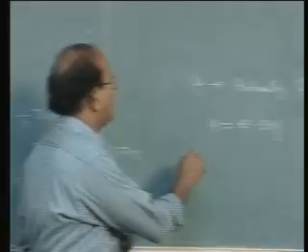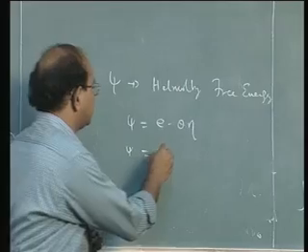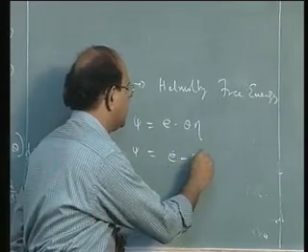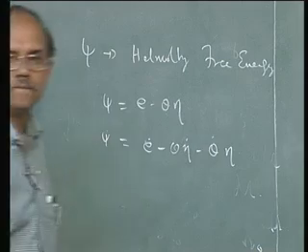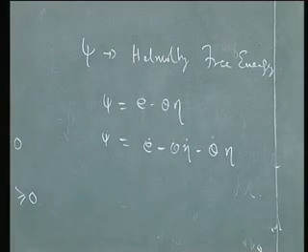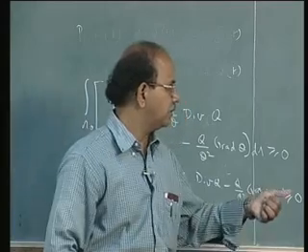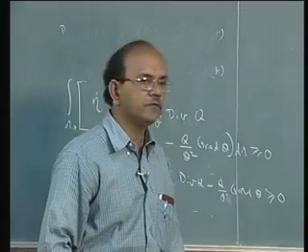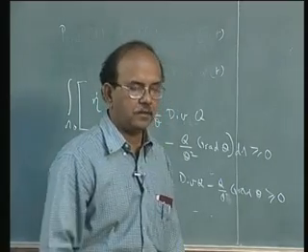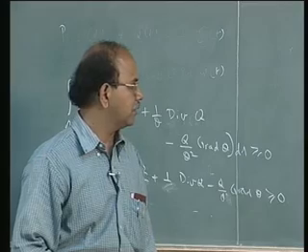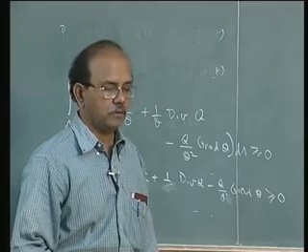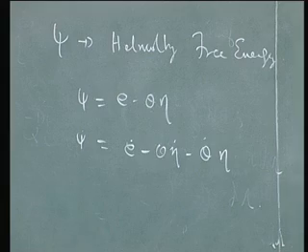In other words, let me put this first, psi dot is equal to E dot minus theta eta dot minus theta dot eta, right. So, I want you to replace theta eta dot by means of psi and E dot. Okay. So, please substitute that.